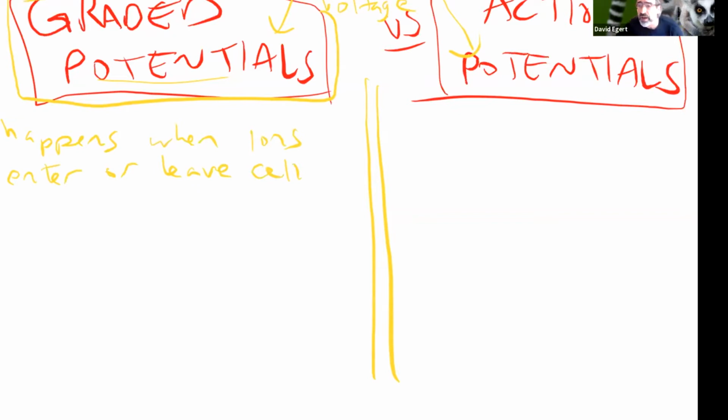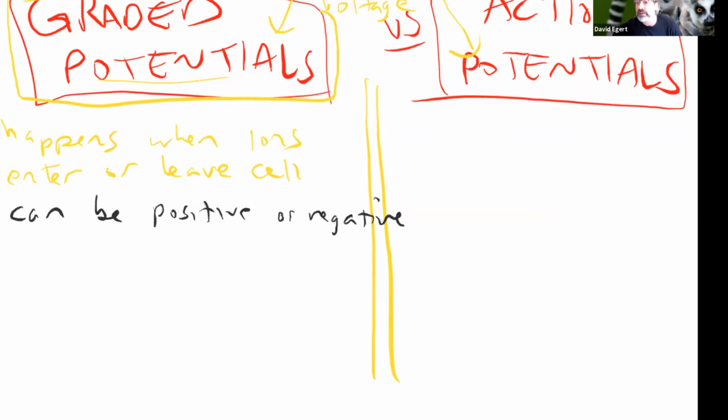Depending what kind of ions they are, the voltage might go up or down. Right? If you have potassium leaving, maybe the voltage is going down.